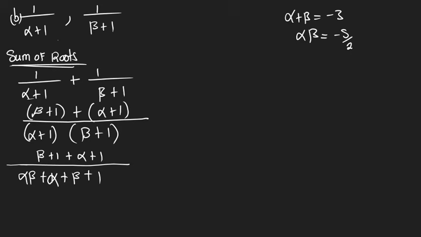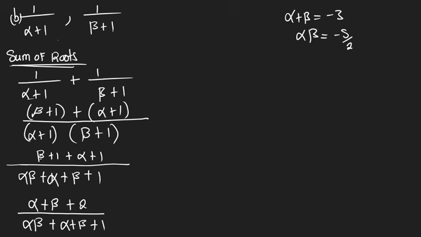So we collect the like terms. Beta and alpha can add, and we are going to have alpha plus beta. Then 1 plus 1 is going to be a 2. Then here we are going to have alpha beta plus alpha plus beta, then plus 1.